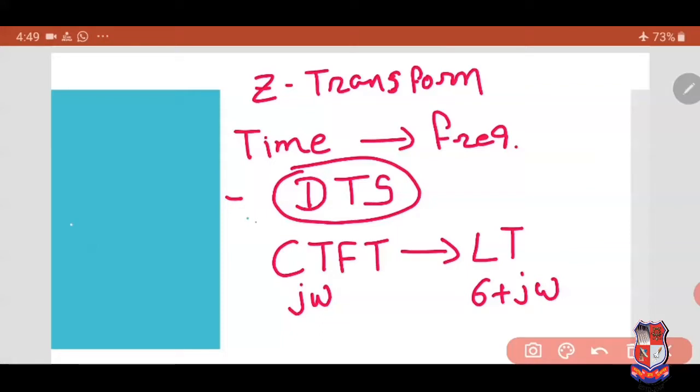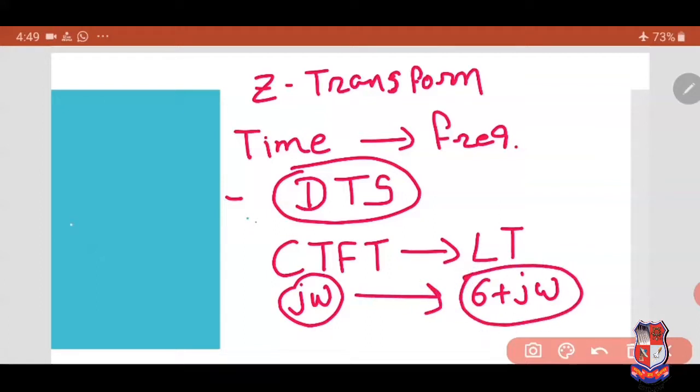So we can say that when we move from continuous Fourier transform to Laplace transform, we get from j omega to sigma plus j omega.